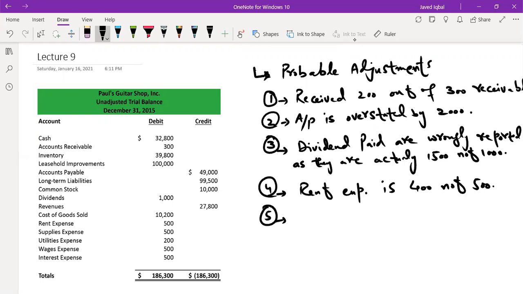Fifth type of adjustment could be from supplies expense. The supplies expense is understated by 200.